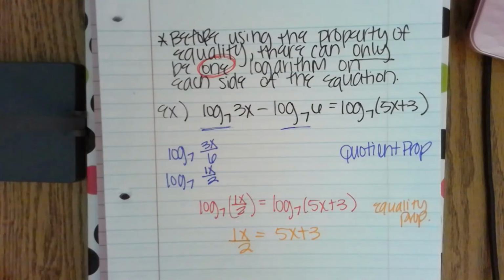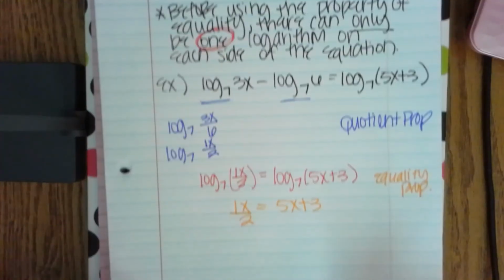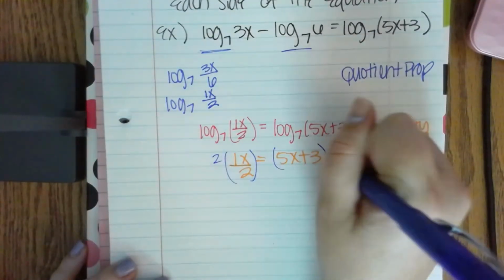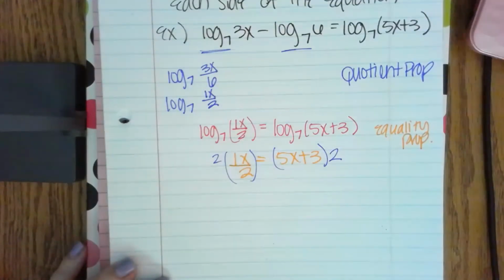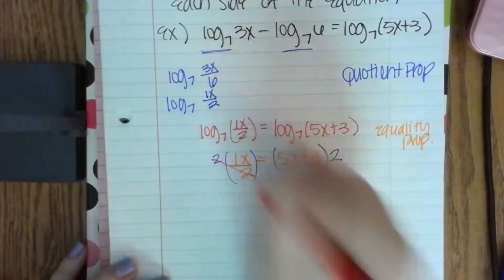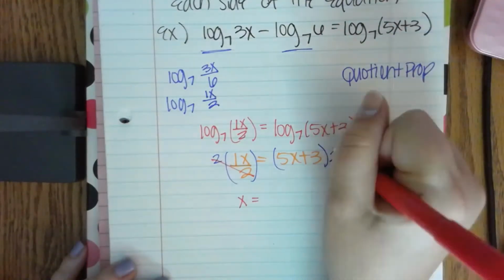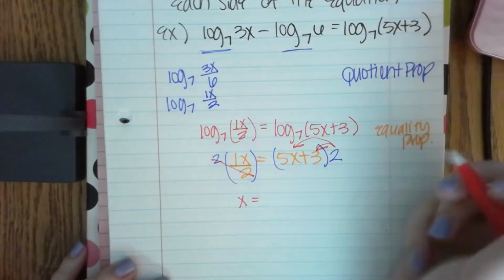Alright, so I want to get rid of the fraction, so I'm going to multiply both sides by 2. And so that's going to make those 2's cancel here. So I'm going to have x equals, and then I'm going to distribute this 2 to both terms.